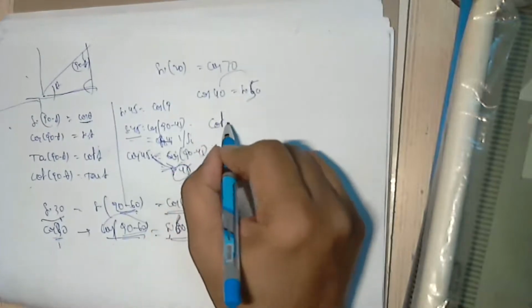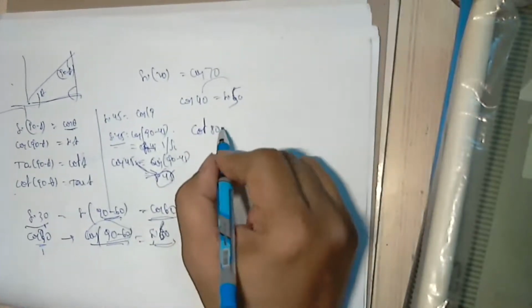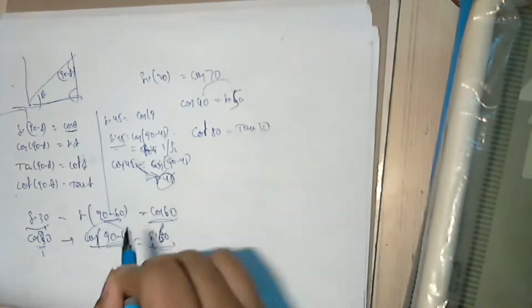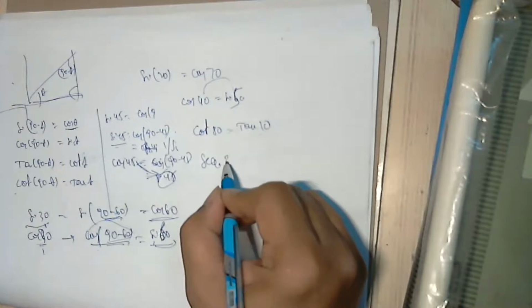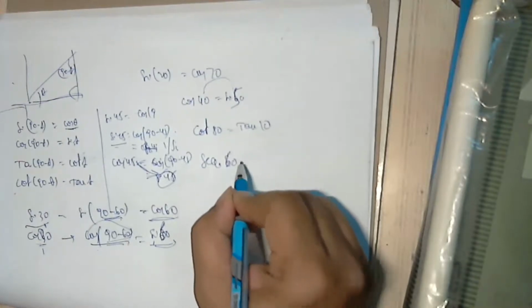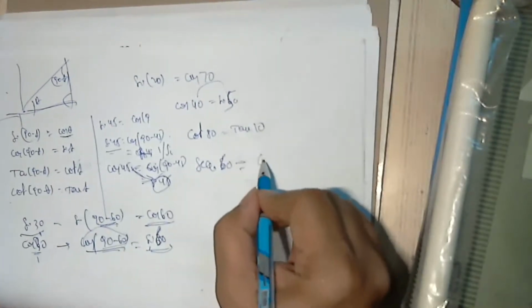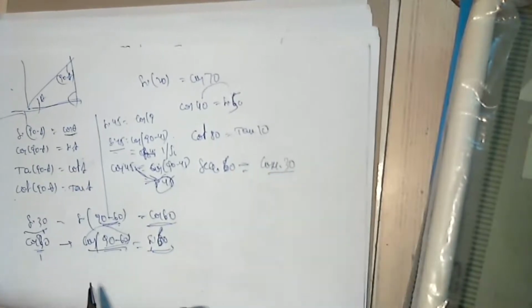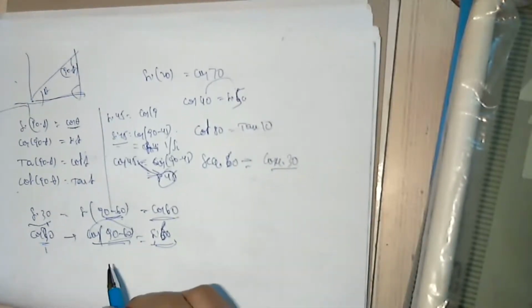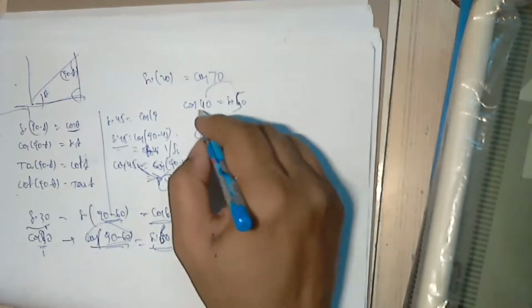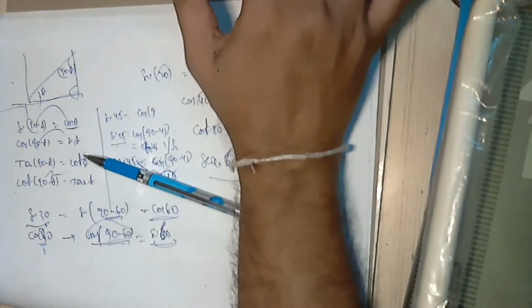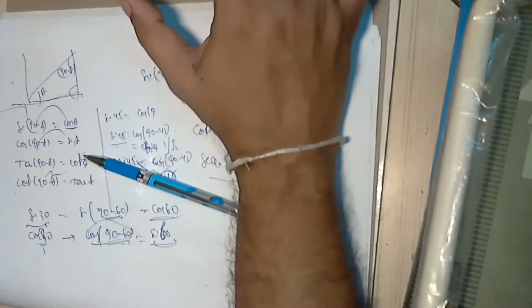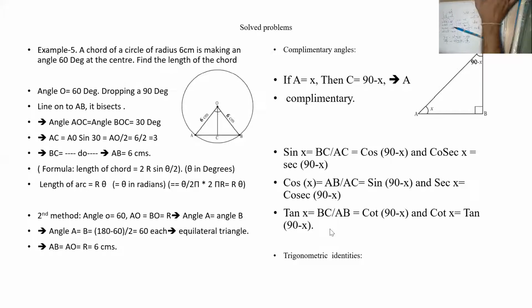Similarly, cot 80 is equal to tan 10. Similarly, secant 60 is cosecant 30. Like that, these are all complementary angles.